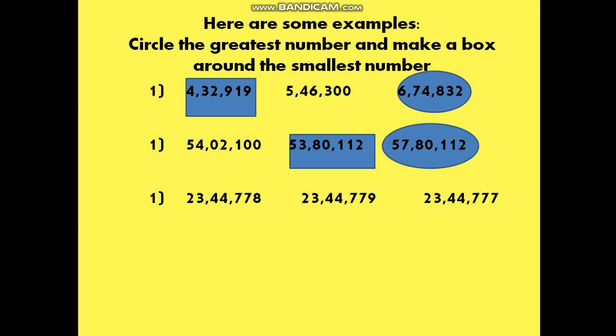And the last one is 23,44,777. So 23,44,777 is the smallest number and 23,44,779 is the largest number.